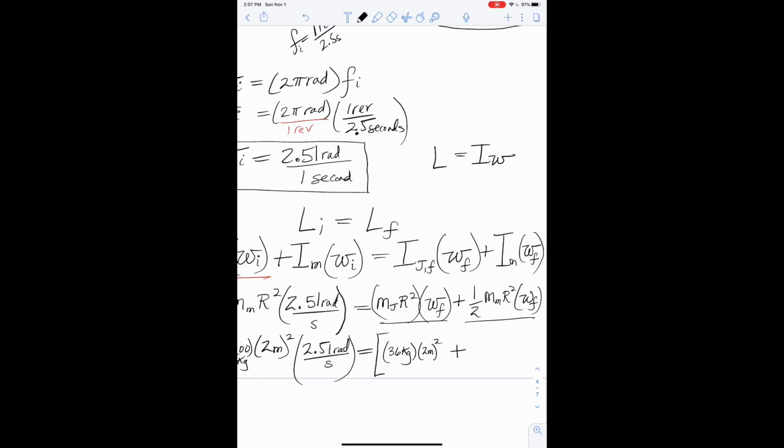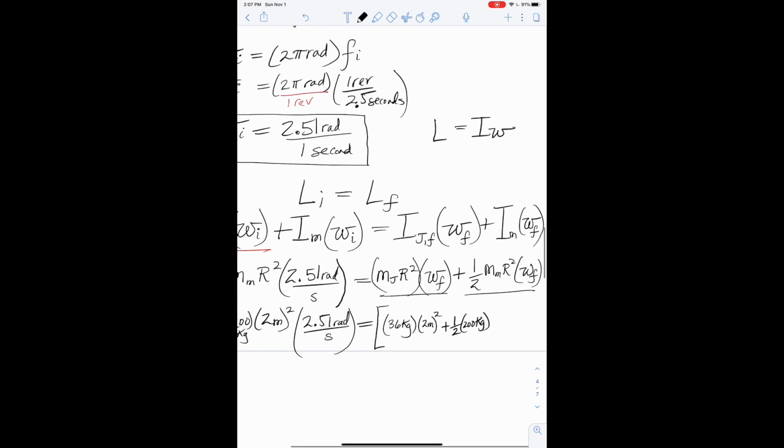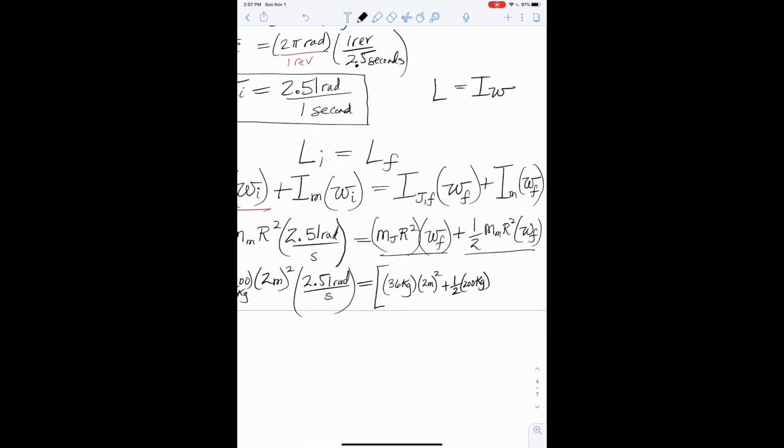I'm kind of running low on room, so I'm going to try and squeeze all this in here. Times r squared, which is that 2 meters. And I could have just moved omega f outside of the bracket. So I could have just had it out there, right?